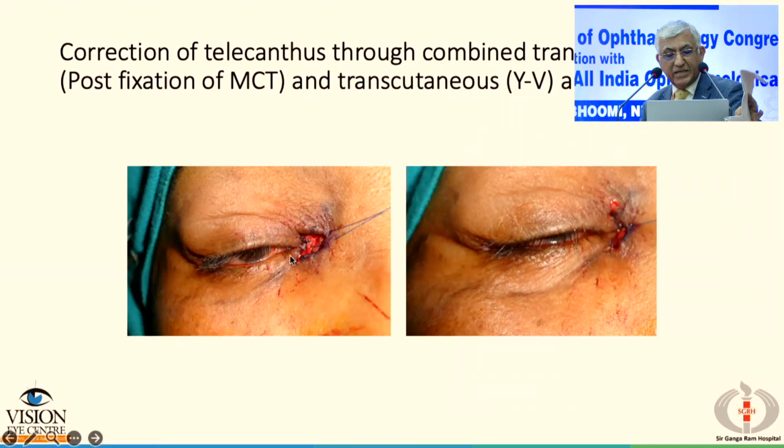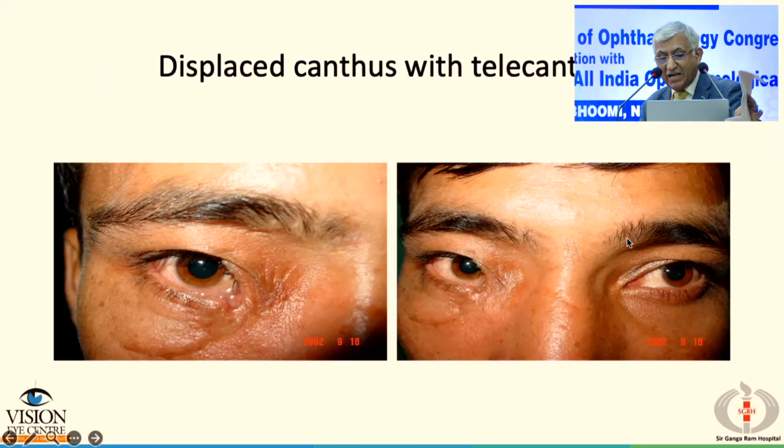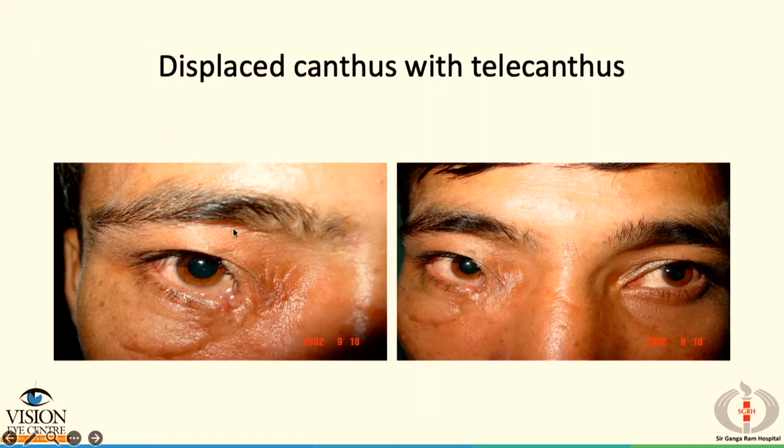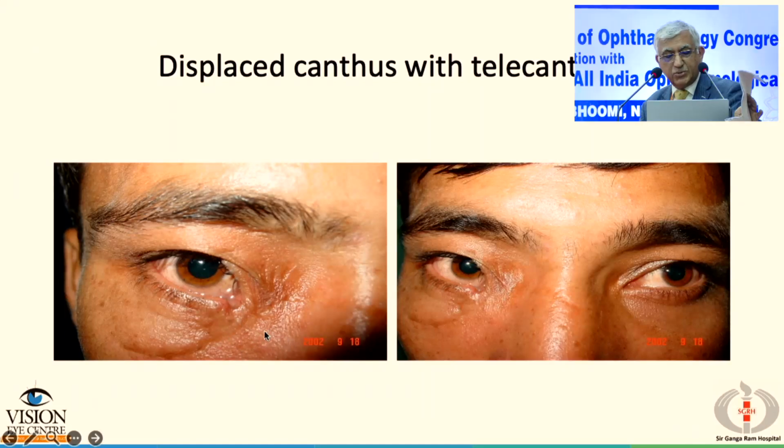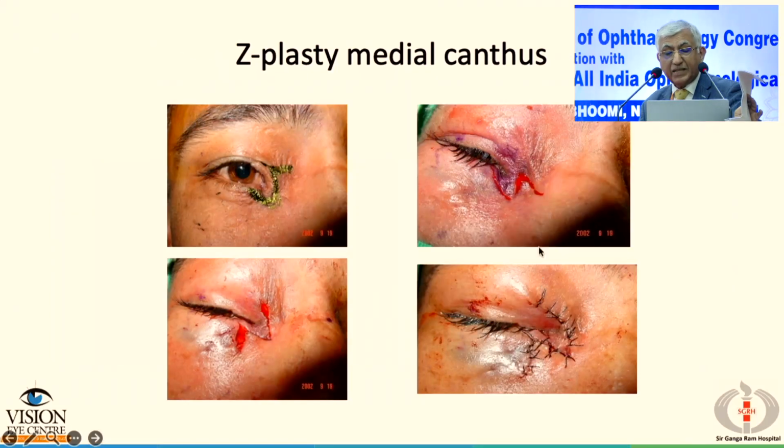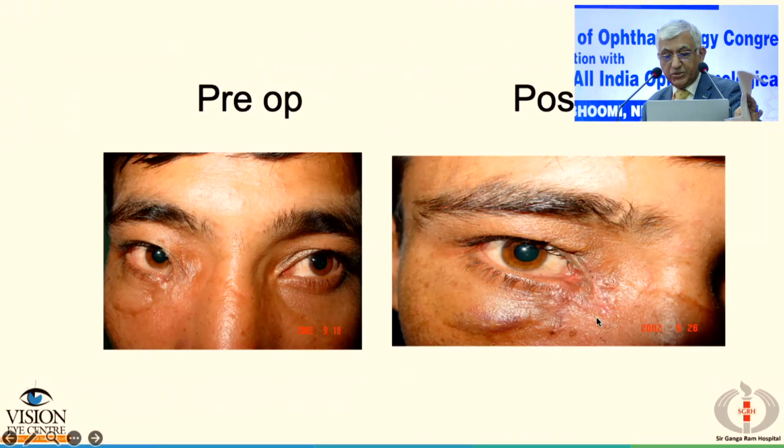You can see a medial canthus which is grossly displaced being put back in position and the depth being restored. When there is a downward displacement like this, it is best to do a Z plasty in order to reposition the canthus, taking the medial canthus in the lower limb and then transferring it upwards to get a much better position of the canthus, as you can see here.